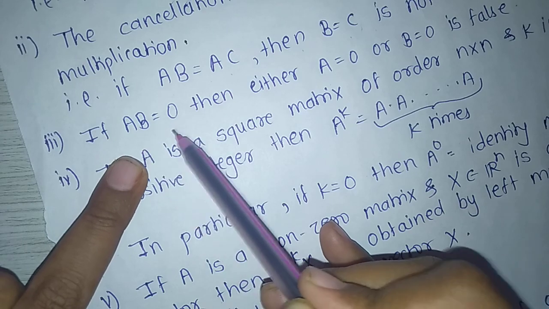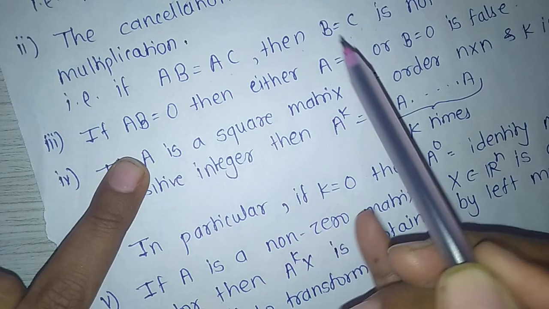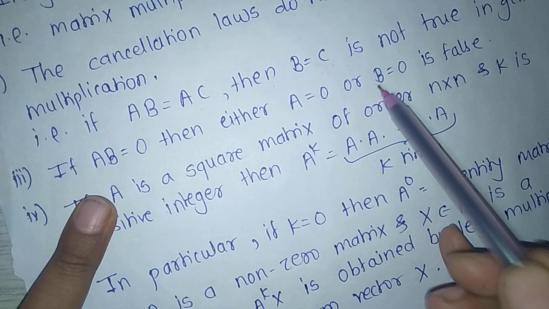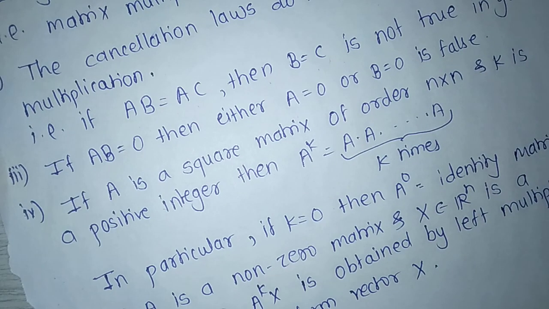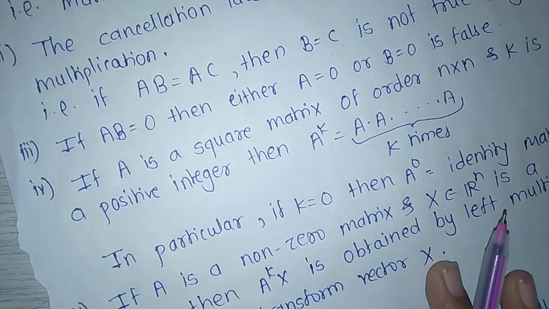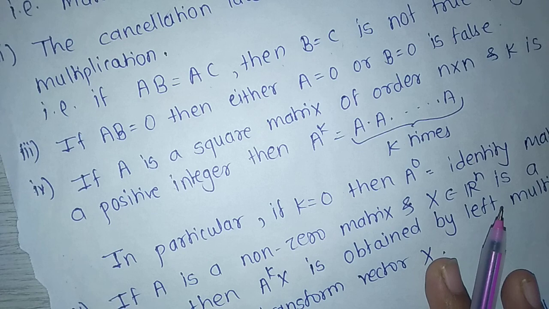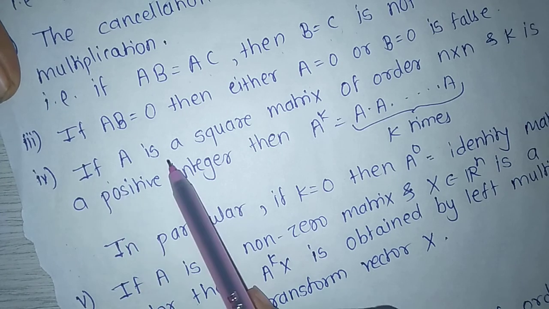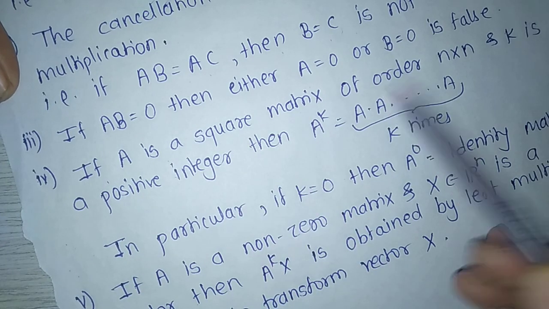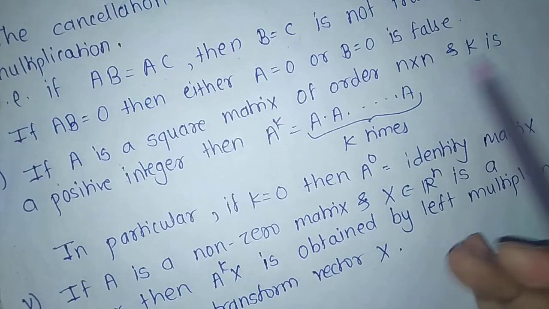Next, A into B equal to 0, then either A equal to 0 or B equal to 0 is false for matrices. And for numbers, 2 into 0 equal to 0 means at least one number must be 0. But in matrix multiplication, this is not true.